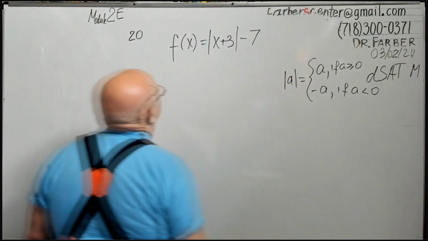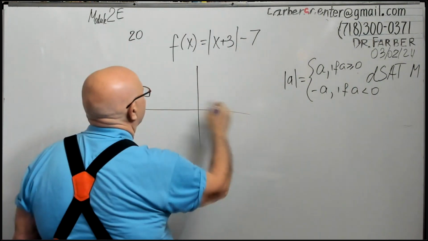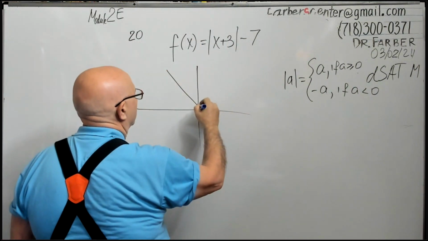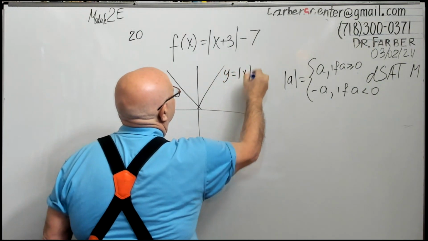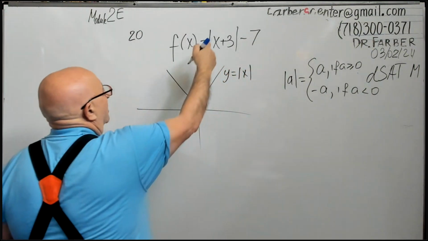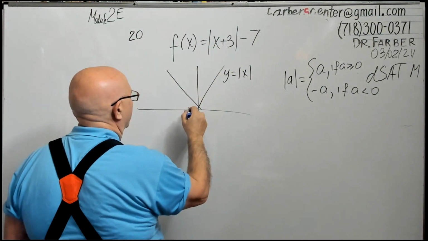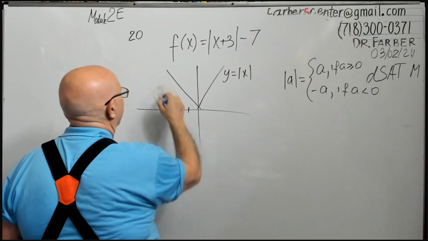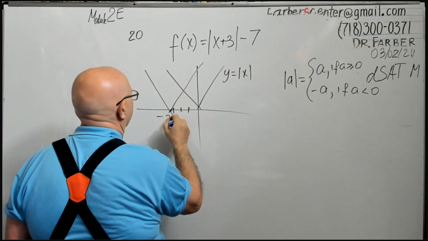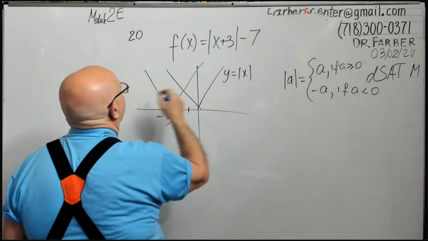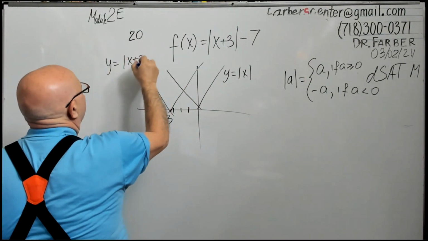And let me visualize this. Y equals x. Y equals absolute value of x. Y equals absolute value of x plus 3. Go to the left: 1, 2, 3. Okay, pretend this is negative 3. And this is y equals absolute value of x plus 3.